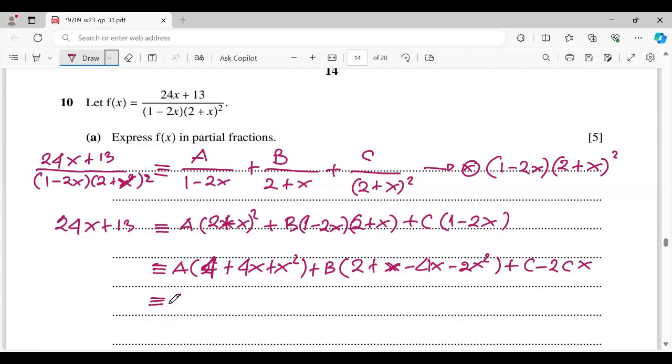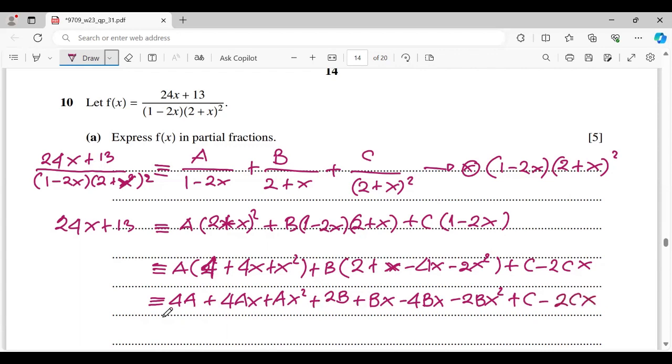Multiply after that: 4a plus 4ax plus ax squared, plus 2b plus bx minus 4bx minus 2bx squared, plus c minus 2cx.